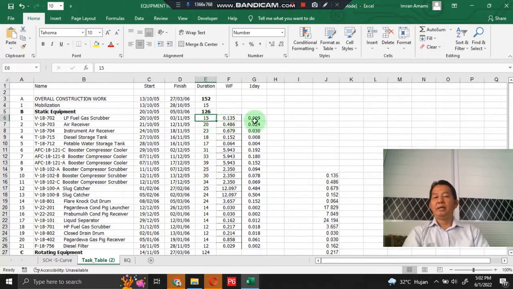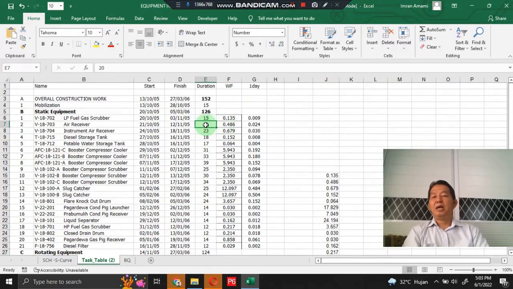Then we get the work factor for 1 working day for the LP fuel gas scrubber. In cell F7 here, this is the work factor based on contract price for the air receiver, divided by E7.